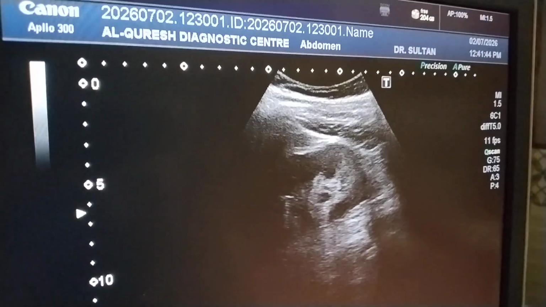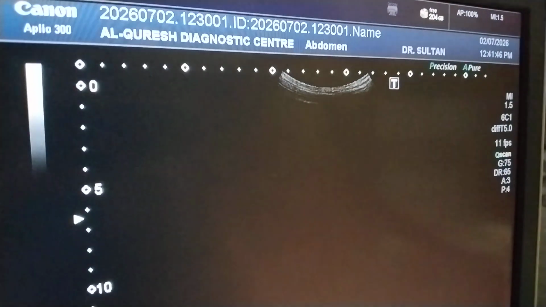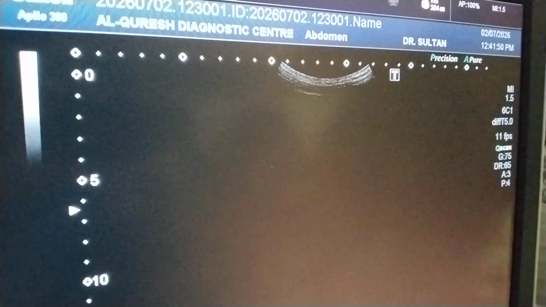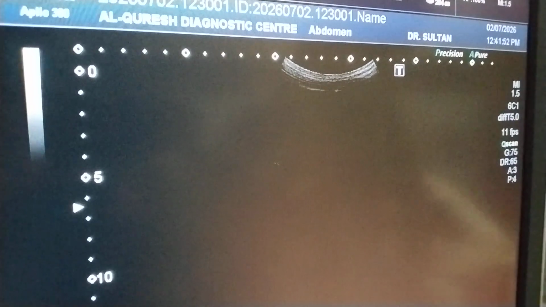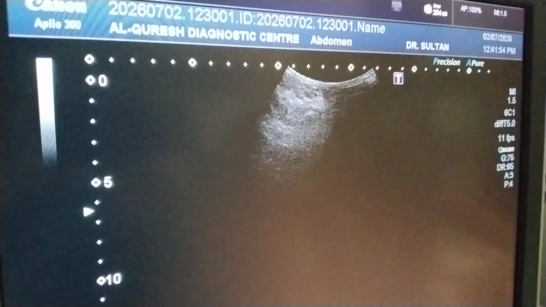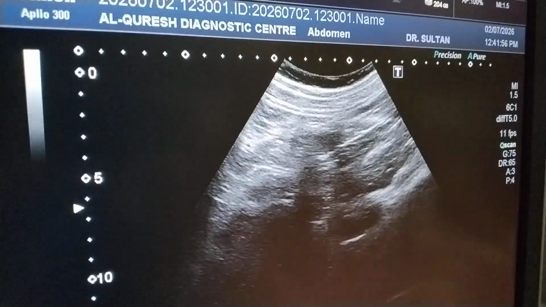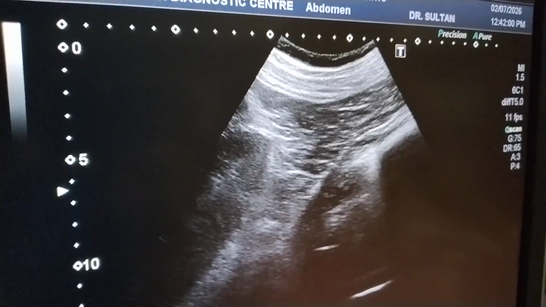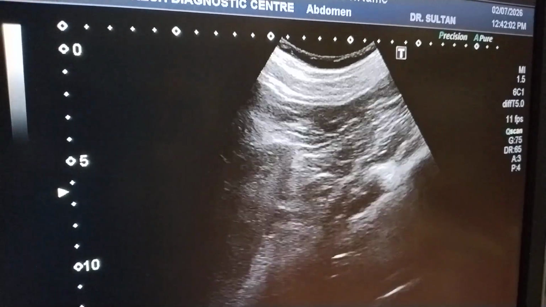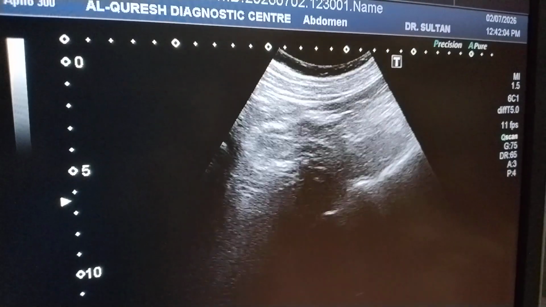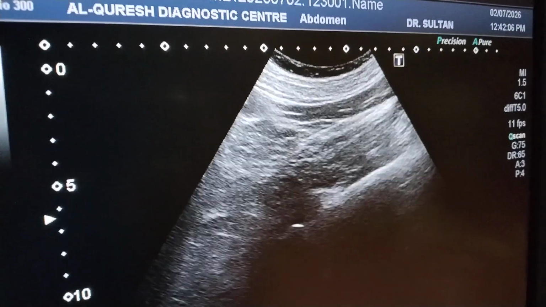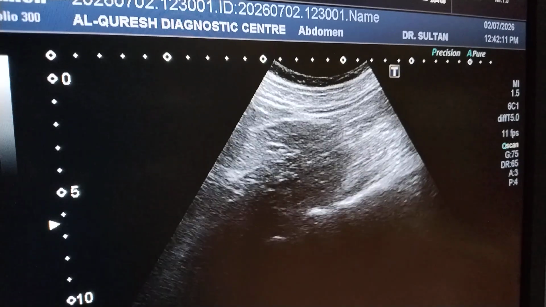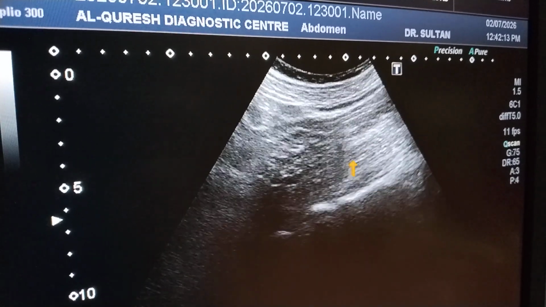Now turn the patient into the supine position and then place the probe at the left flank region. When we place the probe at this location, just find this muscle.